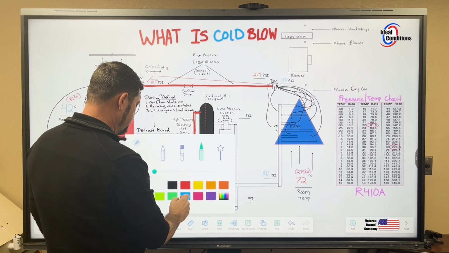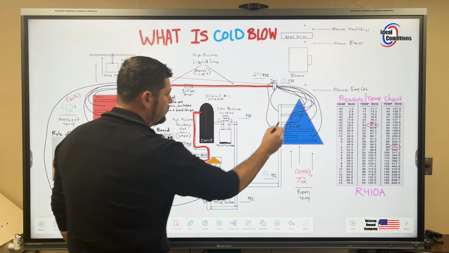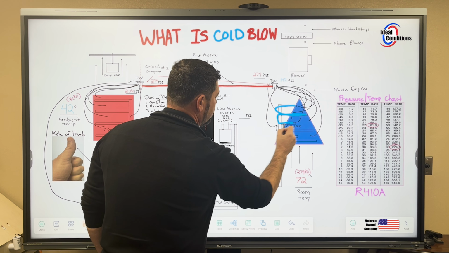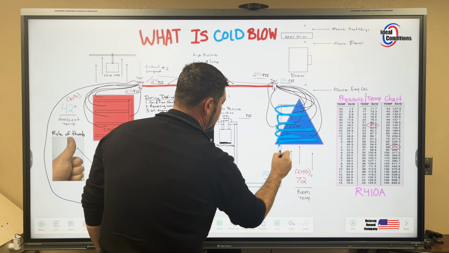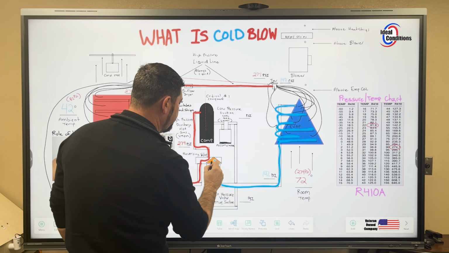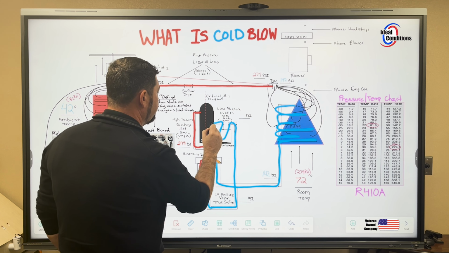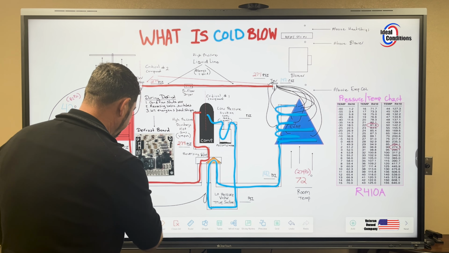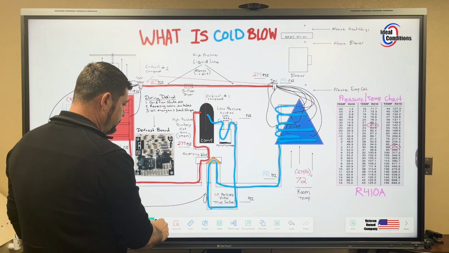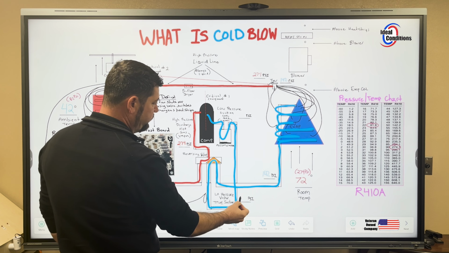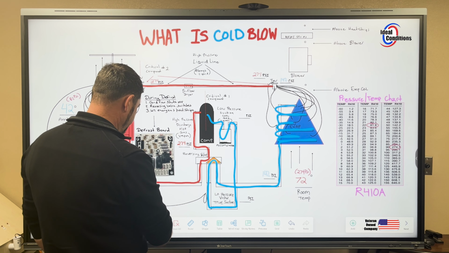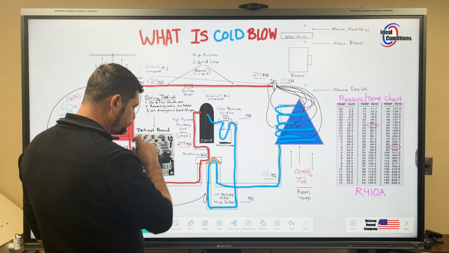We're going to go ahead and continue our journey. We're going to leave our evaporator coil, go through our reversing valve, and come back up into the accumulator, out of the accumulator, back to the compressor. And those values will be 142 again here and 142 again here.